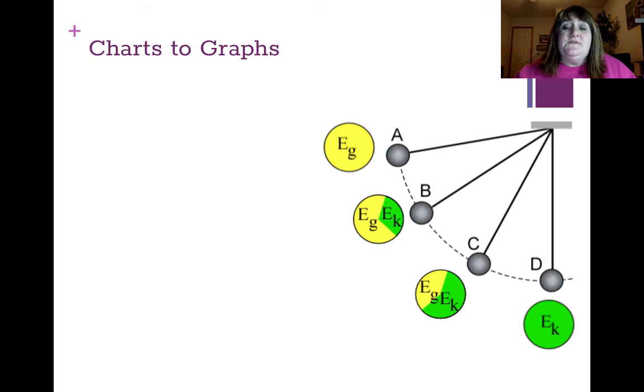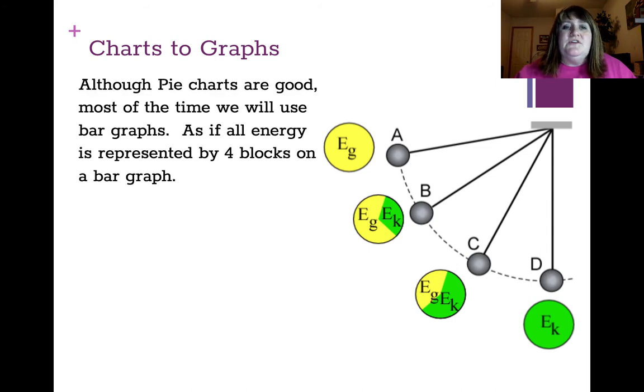Charts to graphs. So even though pie charts are good, we're going to transition into using bar graphs. And in a bar graph, you get 4 blocks of energy, period, as if you divided those pie charts into fourths.